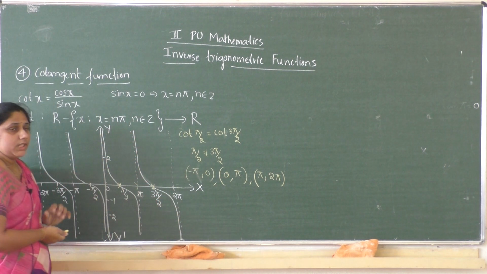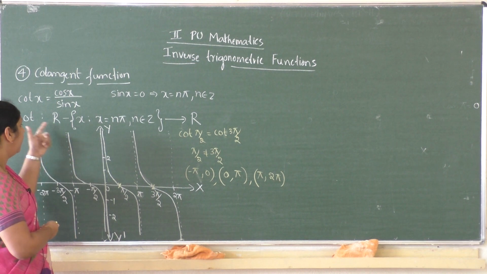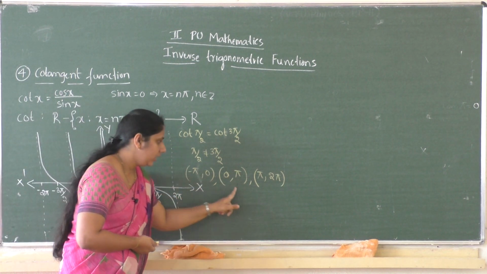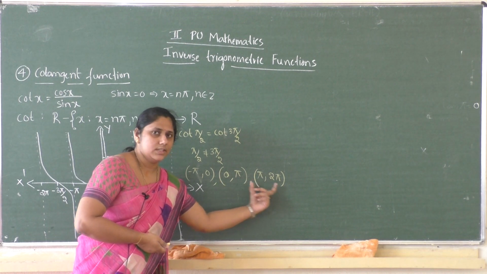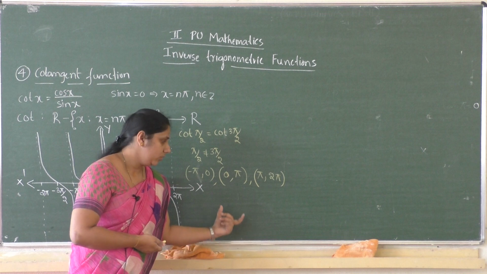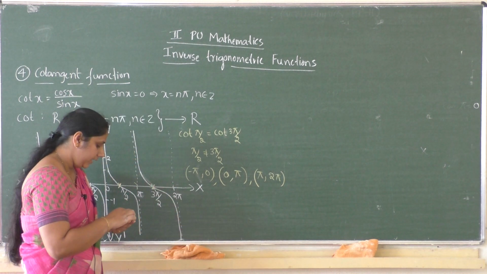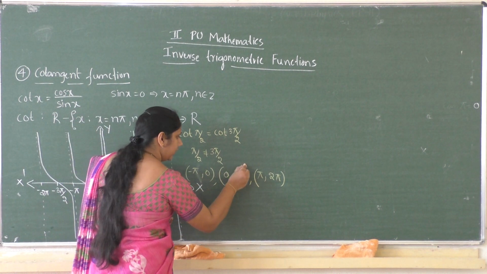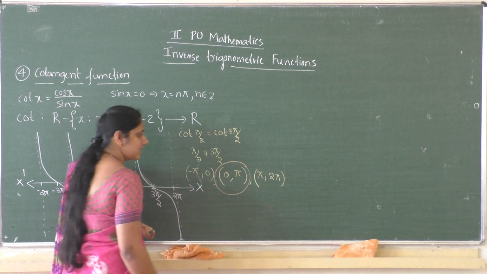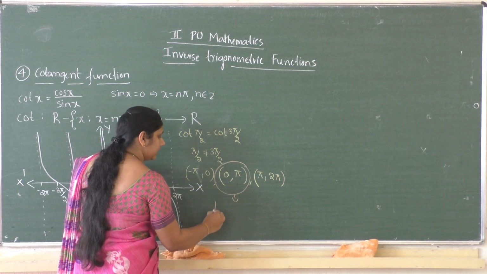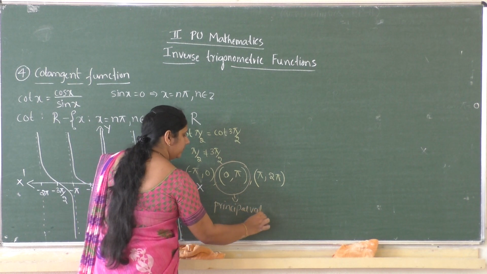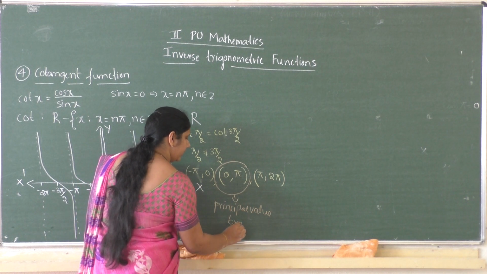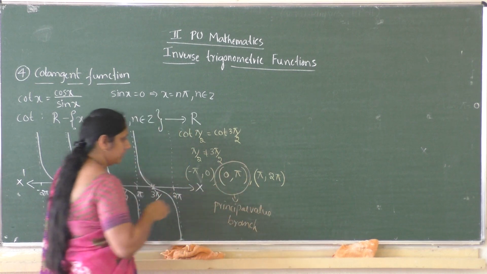So if we divide the domain of cot into intervals like this, then in these intervals cot will be both one-one and onto, hence cot inverse will be defined. And in particular the open interval 0 to pi is called the principal value branch.